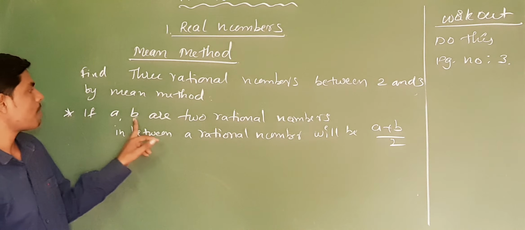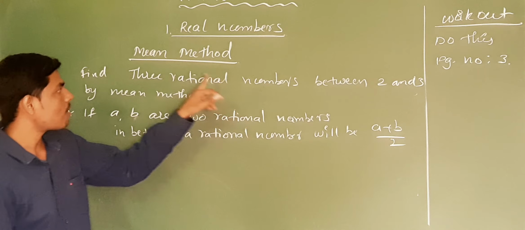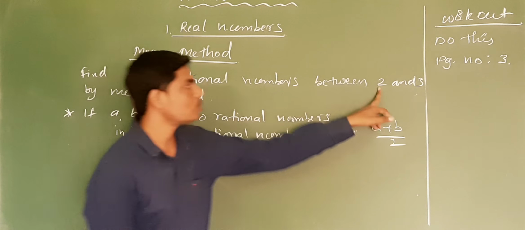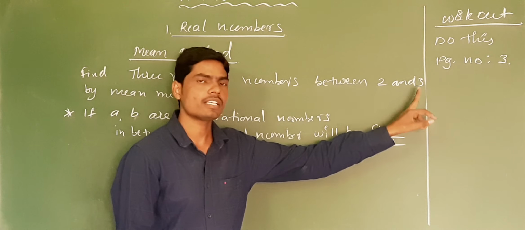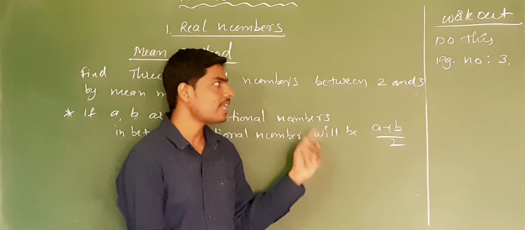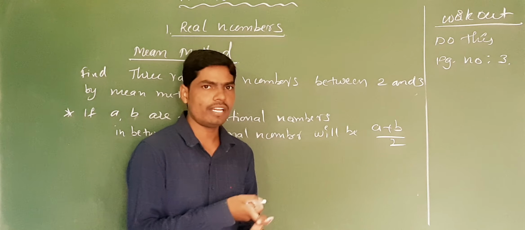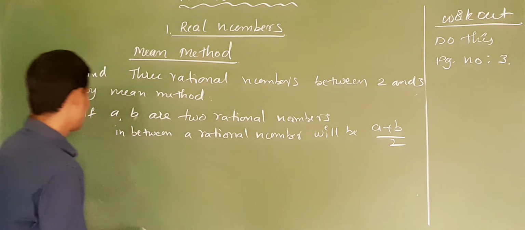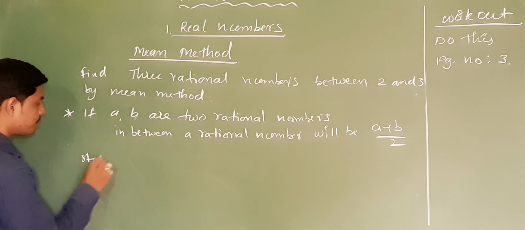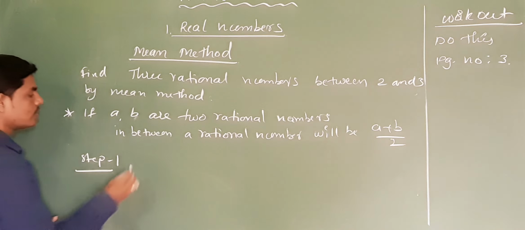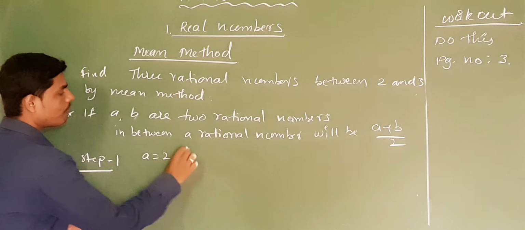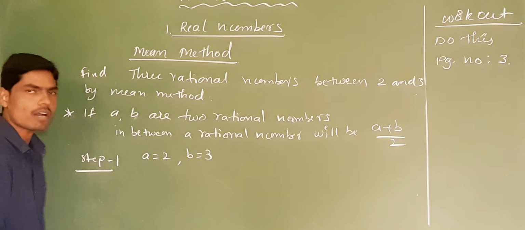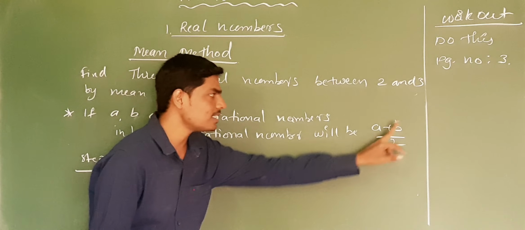Now, here A, B are two rational numbers. Observe in our question, 2 and 3 are the given rational numbers. Between 2 and 3, we need to find 3 rational numbers. First step 1. A is equal to 2, B is equal to 3. What is our formula? (A plus B) by 2.